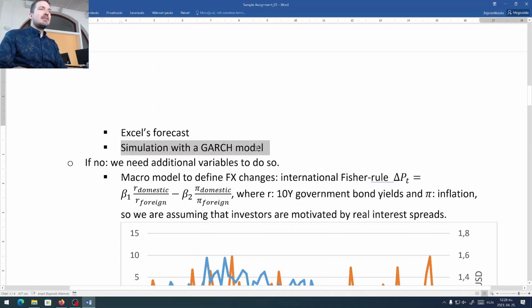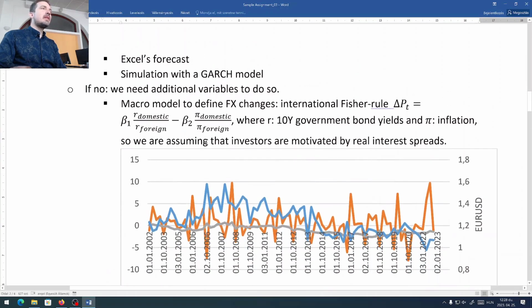But last time I did not have appropriate data for that, because it requires weekly data, so that's why I prepared one for today.